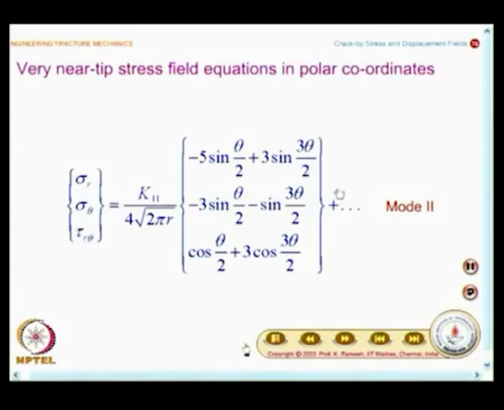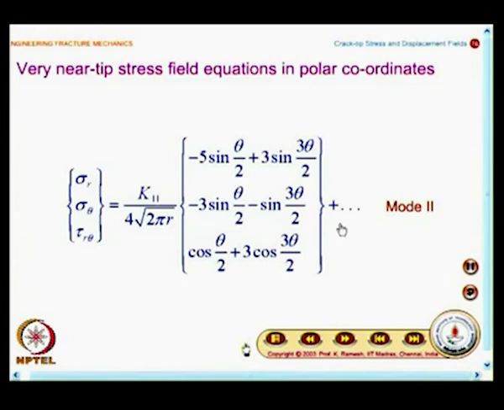You are looking only at the first term, which happens to be the singular term. And if you really look at experimental literature, when people have used method of caustics, they have directly taken up the stress field in polar coordinates. When you go and look at any paper on caustics, these equations were found to be convenient to handle.